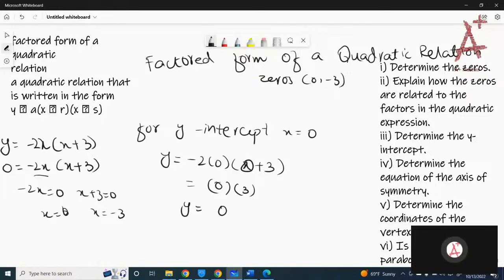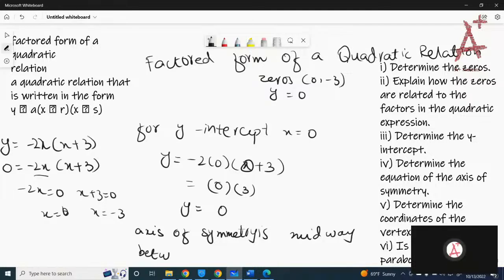Okay, we have to find the axis of symmetry. The axis of symmetry is midway between the zeros.